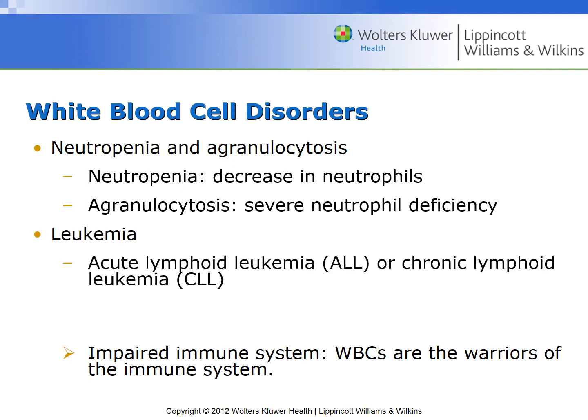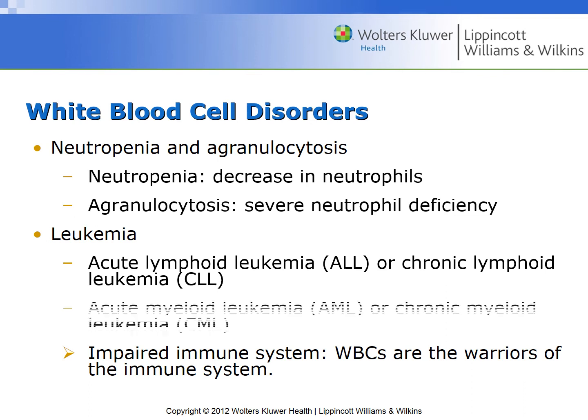Leukemias: ALL, CLL, AML, CML. Now, acute lymphoid, acute myeloid. Where have I heard lymphoid and myeloid before?